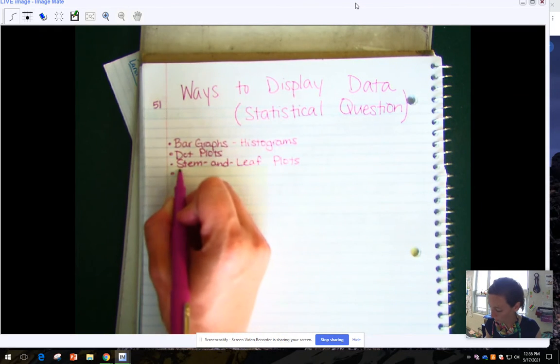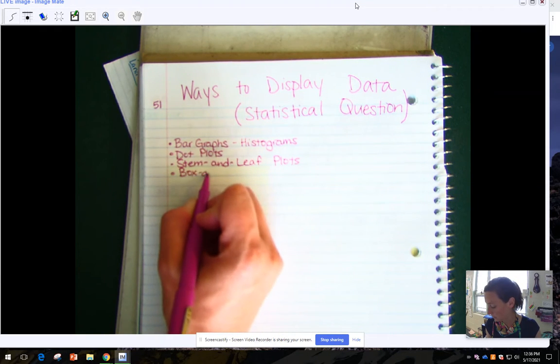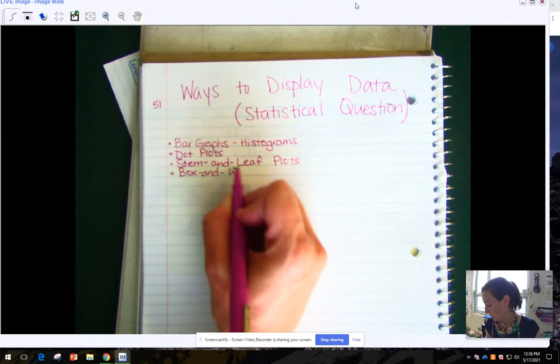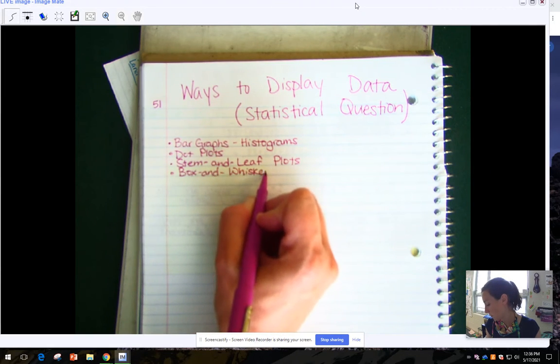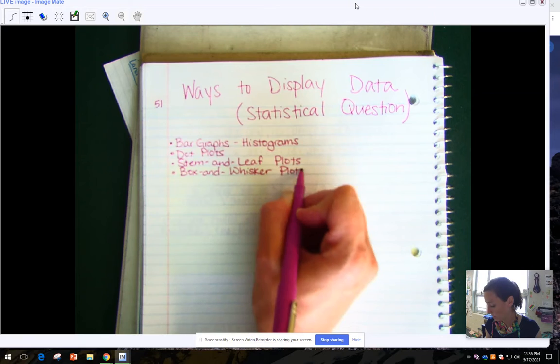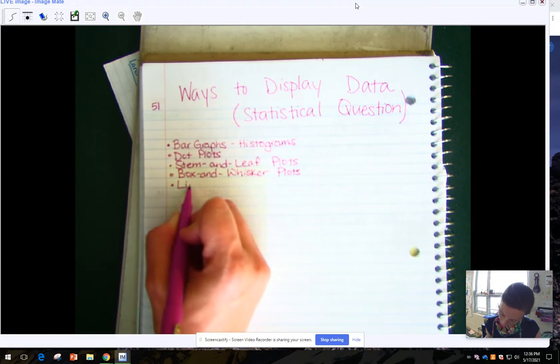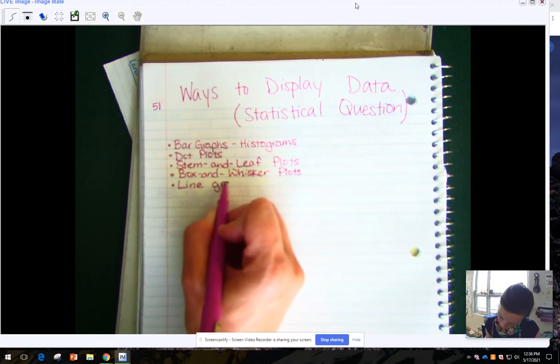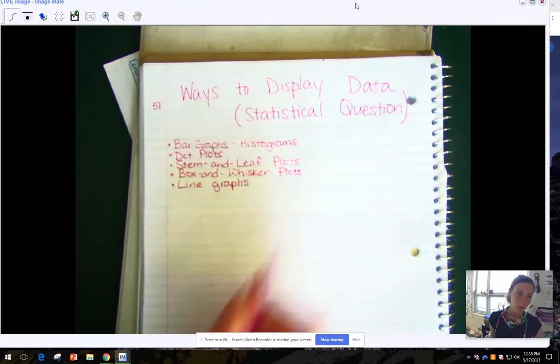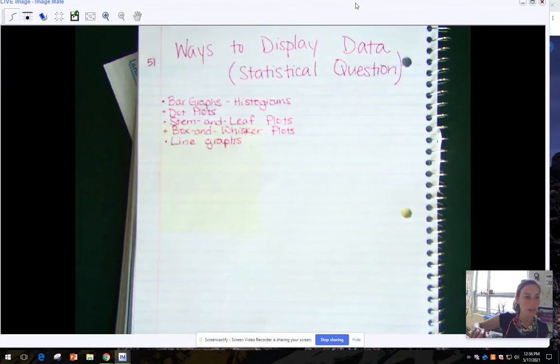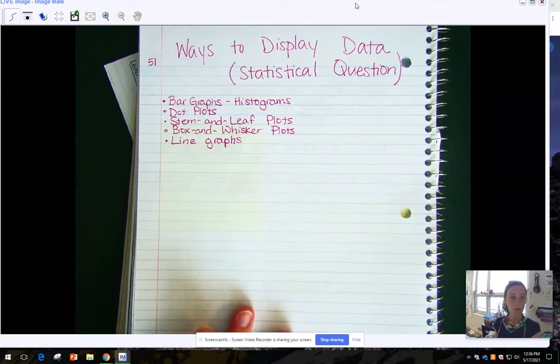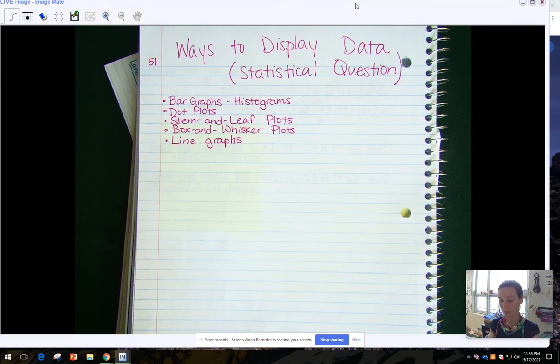And we're also going to do box and whisker plots and line graphs. We're going to start today with stem and leaf plots.